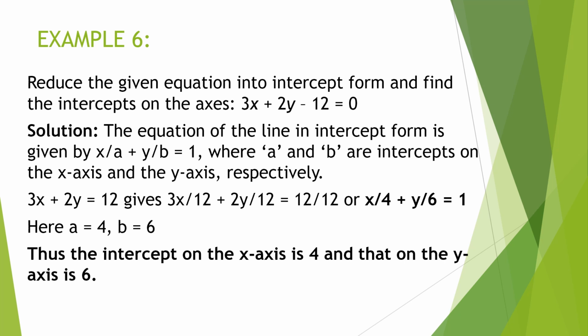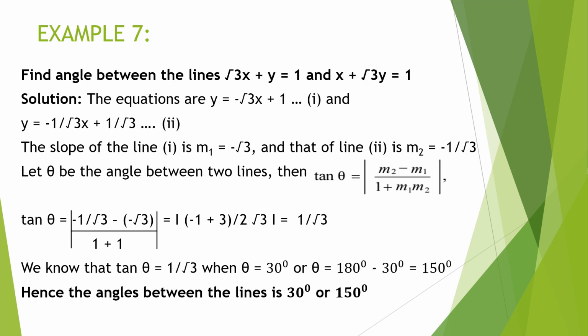So 3x upon 12 plus 2y upon 12 is equal to 12 upon 12, or 1. So what is the form we have obtained? x upon 4 plus y upon 6 equal to 1. When we compare with our form, the x-intercept is 4 and the y-intercept is 6. So the intercept on the x-axis is 4 and the y-intercept is 6.